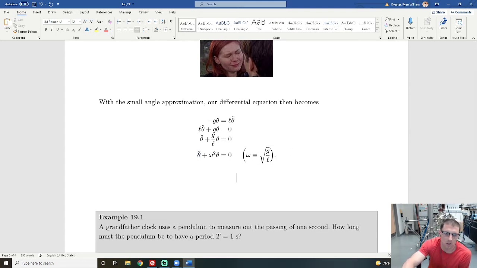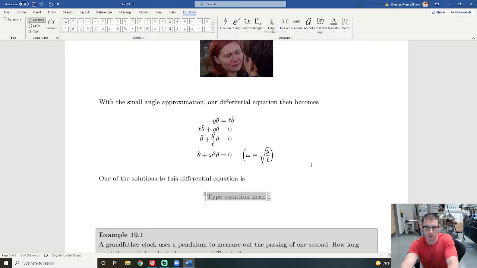Now, let me say that one of the solutions to this differential equation, and we could write this, let's say theta as a function of time, equals big theta. Big theta is just a constant.